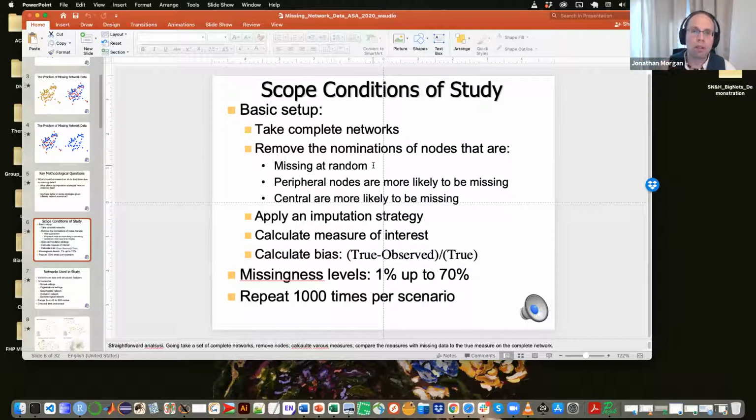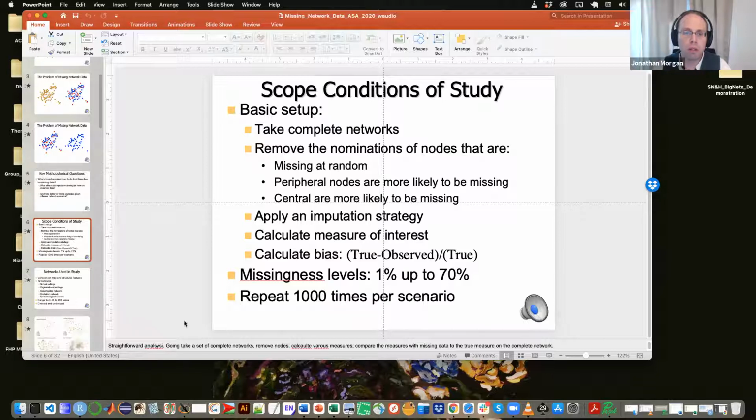In another instance, we looked at peripheral nodes. And in another instance, we looked at highly central nodes. The reason being that if you remove nodes that have high centrality from the network, you can basically break apart the network. So if you have those kinds of missing nodes, you can introduce a lot more bias.